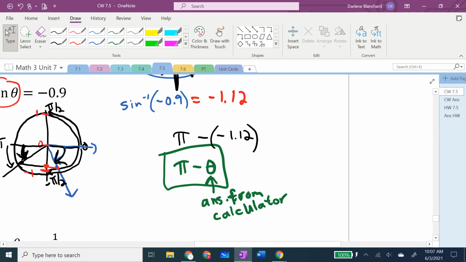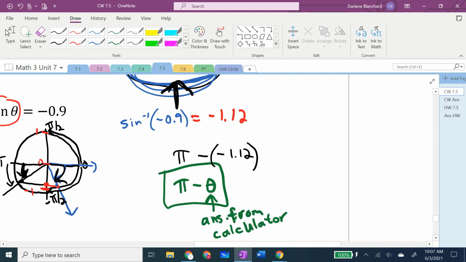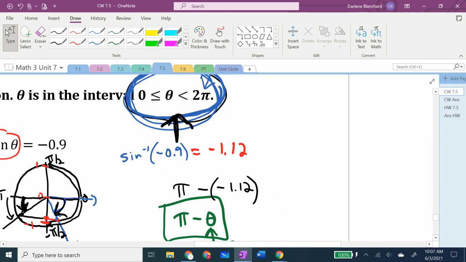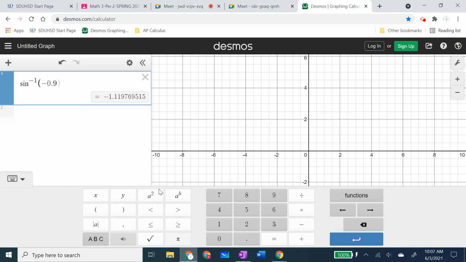Now, due to the technicality of the directions, let me find this and then I'll get back to the technicality of the directions. I'm going to do pi minus that number. So I'm going to come over here. I'm actually going to put in pi minus, and 4.26 is what I get.